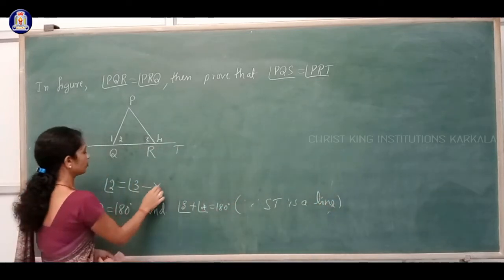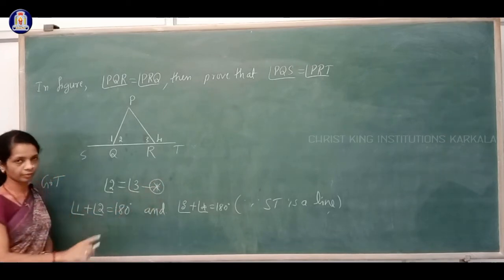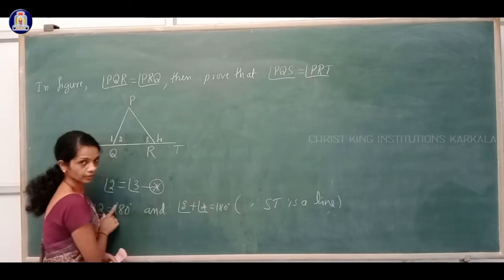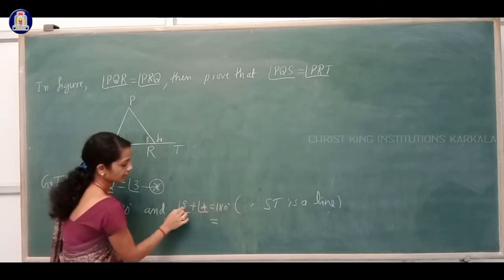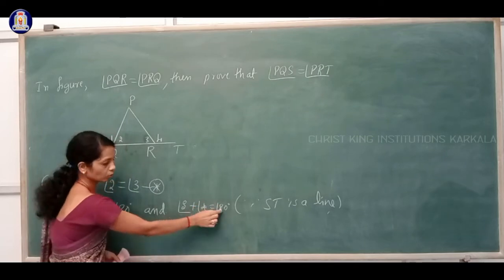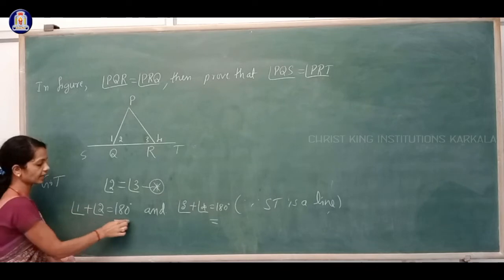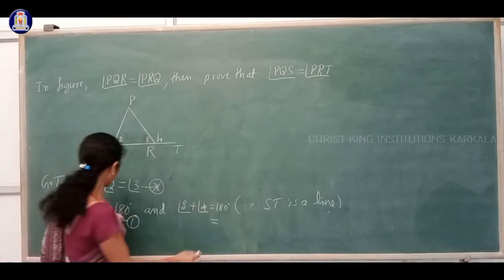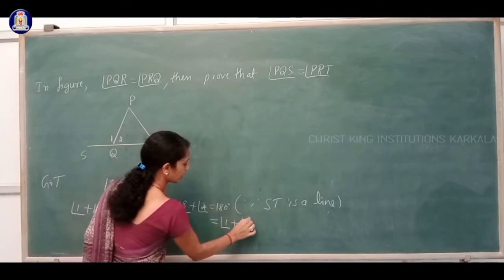Okay, and we are given this star. We have to use that star here, but before using that, just observe the right sides of these two. The right sides are the same, right? 180, 180. So angle 3 plus angle 4 is equal to 180 degrees, but that 180 is equal to angle 1 plus angle 2. I will take this as equation 1. So I will replace 180 degrees by angle 1 plus angle 2.